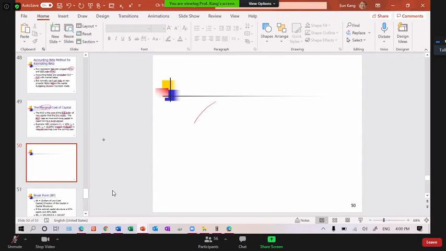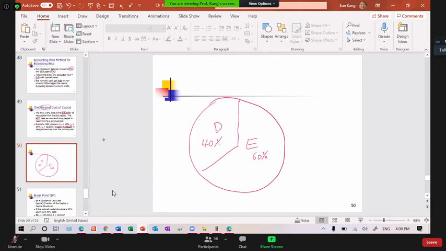The main assumption is that the company tries to maintain an optimal capital structure. We assume that they know their optimal capital structure is equity 60% and debt 40%, right?